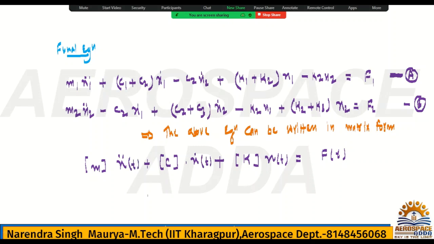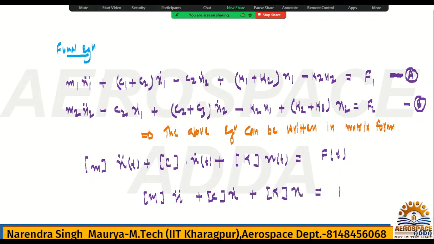But finally what you got: the mass matrix times x double dot plus the damping coefficient matrix times x dot plus the stiffness matrix times x is equal to force. That's all. This is the final equation in matrix form. Here m, c, k are the mass, damping coefficient, and stiffness matrices.